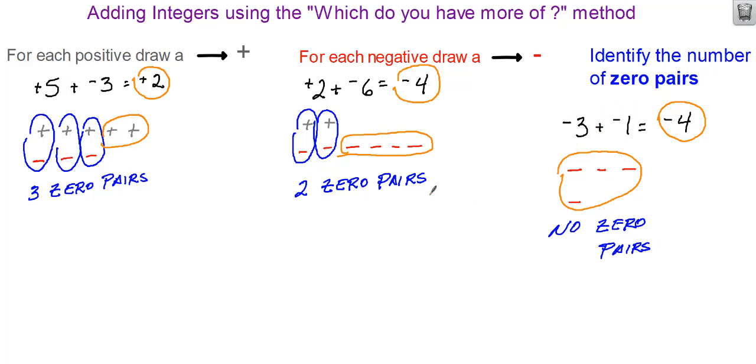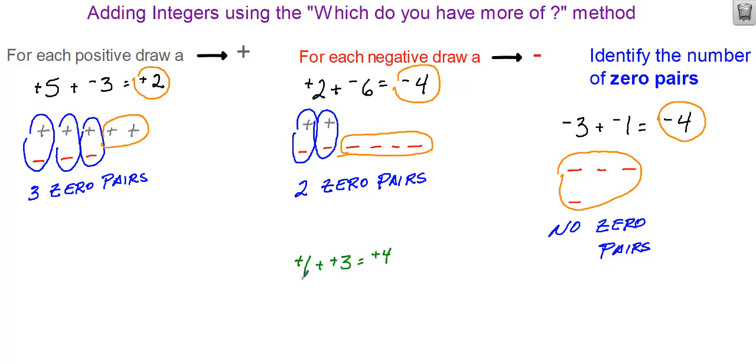In the same way that if you had the problems that you did back when you were a little kid, and this isn't on your practice sheet, but if I said what's positive 1 plus positive 3, you know that's positive 4.